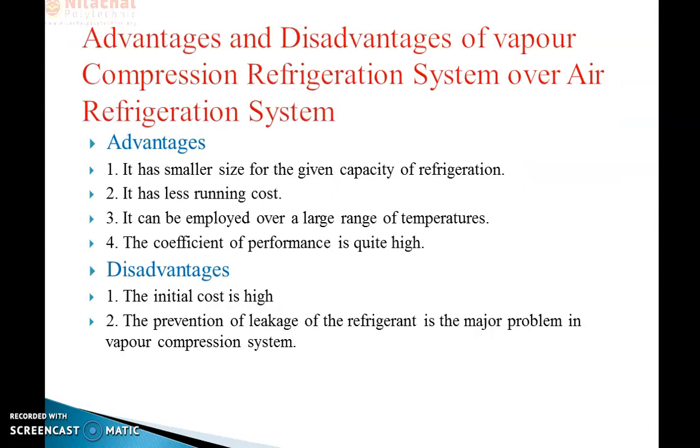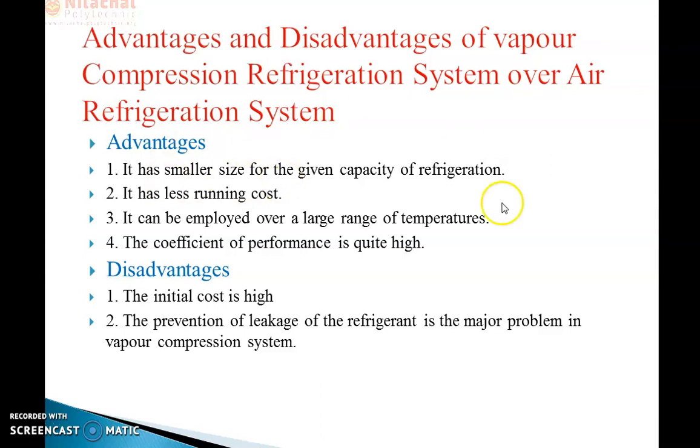Let's look at the advantages and disadvantages of the vapor compression refrigeration system over the air refrigeration system. First, the advantage: it has a smaller size for a given refrigeration capacity. Why is it smaller? Because in the air refrigeration system the pressure ratio is high, since the suction pressure is atmospheric pressure.